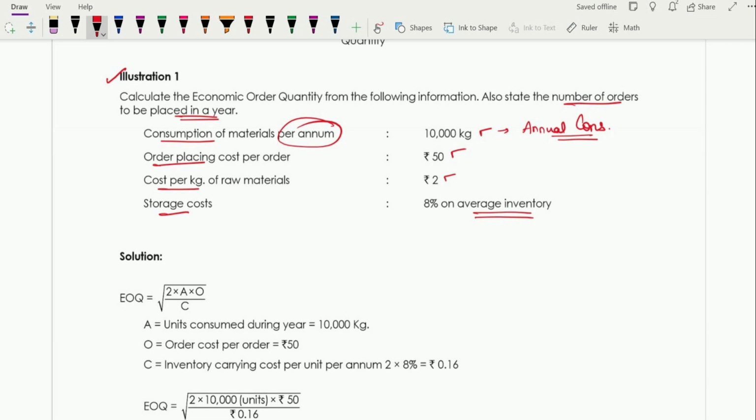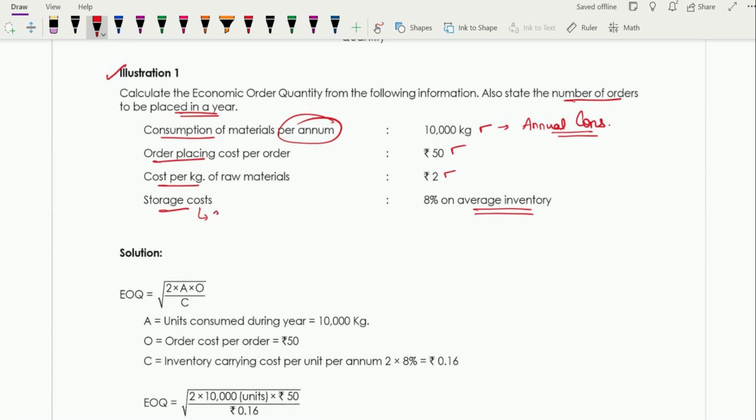This storage cost is nothing but your carrying cost. And the important point regarding carrying cost that you need to remember is that this carrying cost is per unit per annum. Right? So you have to take it. It is quite a possibility that you are given 2% quarterly.